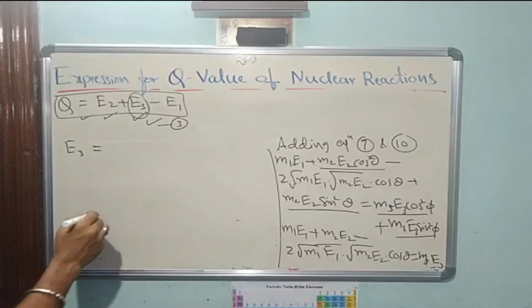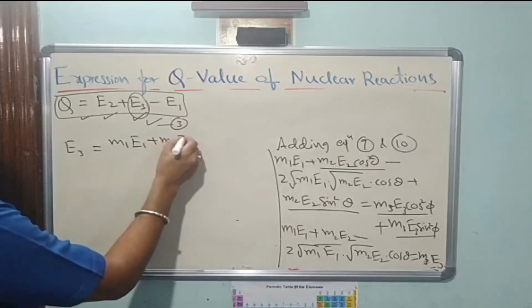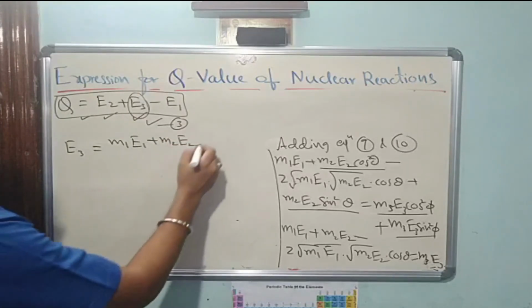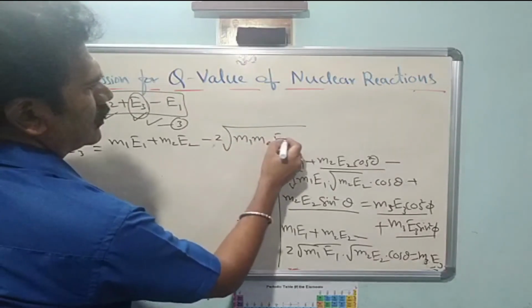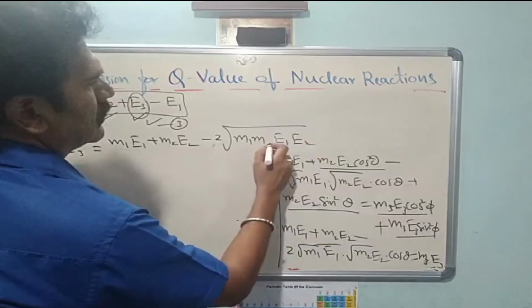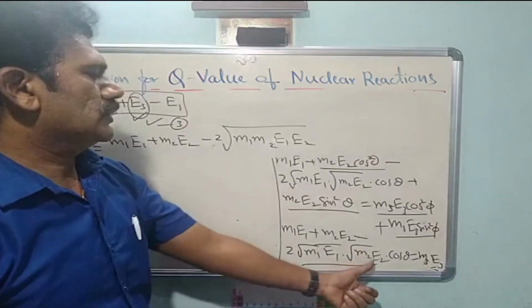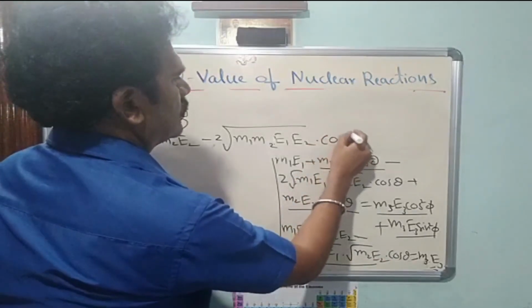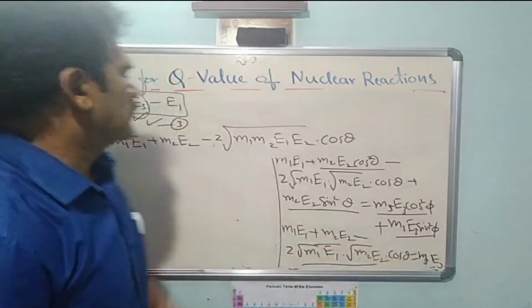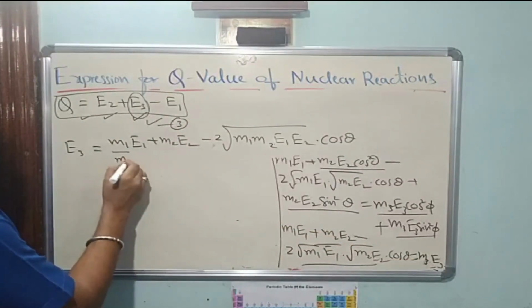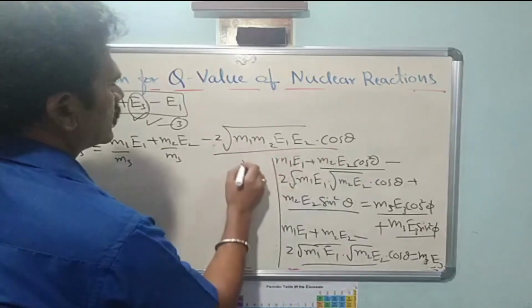So E3 is equal to M1 E1 plus M2 E2 minus 2 into square root of M1 M2 E1 E2 into cos theta. For all these terms on the left hand side you have to divide by M3, so this entire term is also divided by M3.